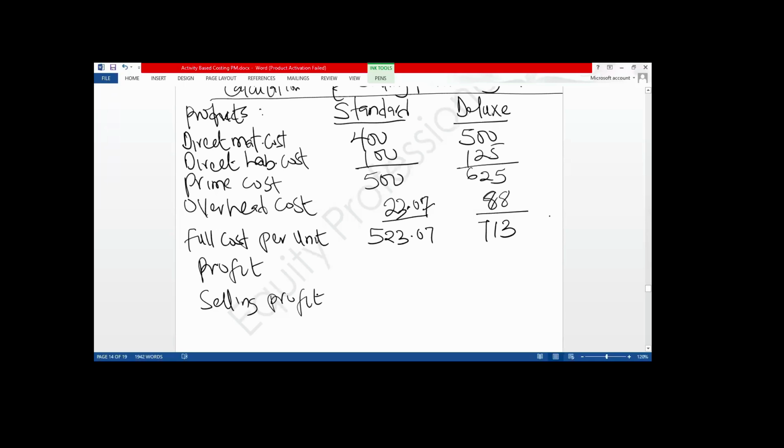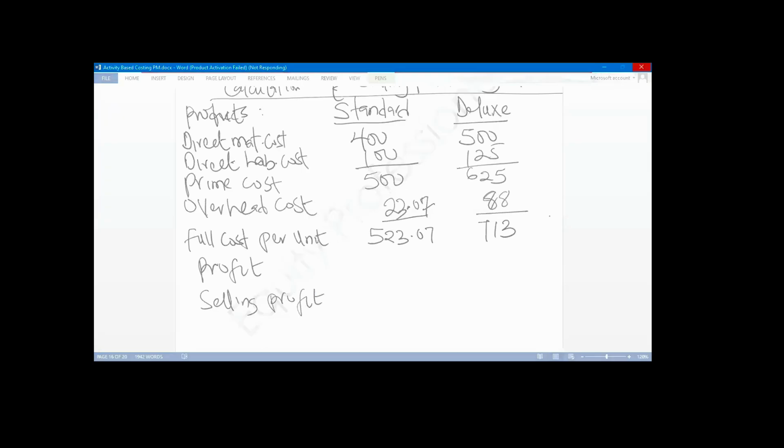If the examiner says markup, it refers to cost price. So if your profit is 20% margin, that means your cost is 80%, because selling price will be 100%.